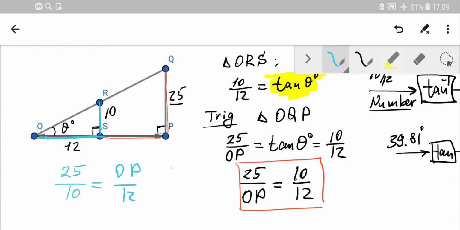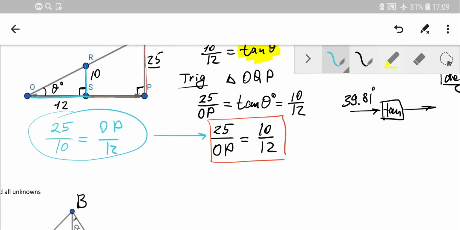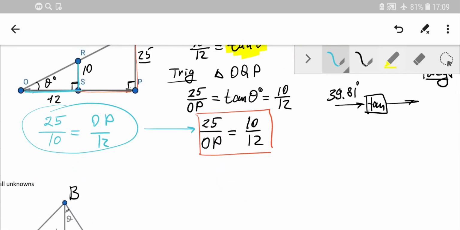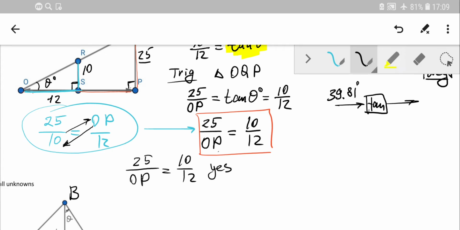So look, can you make this ratio to be the same as mine? If not, I'll help you. So what do you need to do? You just need to have crisscross multiplication, but you want to have OP in the bottom. So OP goes down and you swap with 10. So 10 goes up. And we'll get 25 over OP now here. And 10 goes up. Yeah, indeed. So we've got the same ratio.